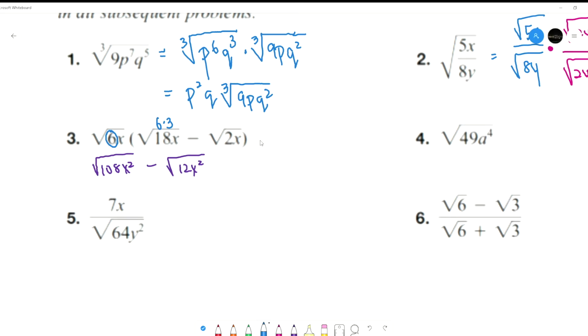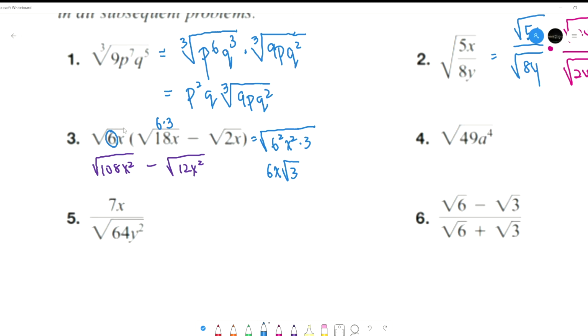So when you multiply, you get radical 6 squared, and then you have your x squared, and then your 3 over here, right? So just by doing it this way, you can see, oh, this simplifies to 6x radical 3. Much easier than trying to simplify 108.